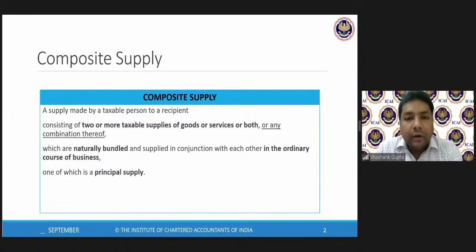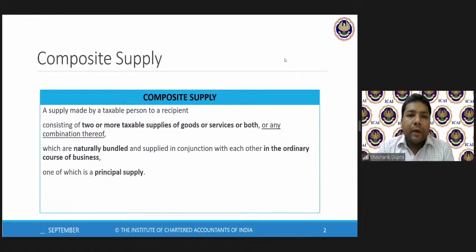So how did the government used to do it? The government used to do it basis the constitutional powers given to them. And the constitutional powers separately empowered the central government and separately empowered the state government to separately undertake the taxing exercise.